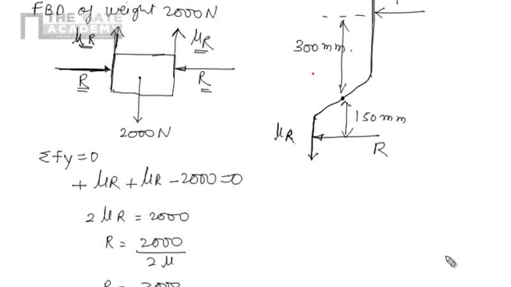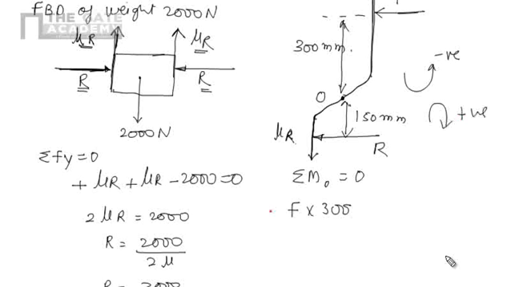Now we can directly apply condition number 3, that is, the algebraic summation of moments of all the forces about O should be 0. The moment due to F at point O will be F into 300, in the anti-clockwise direction. According to our sign convention, anti-clockwise is negative and clockwise is positive, so minus F into 300. Similarly, the moment due to R is R into 150, in the clockwise direction, so positive.